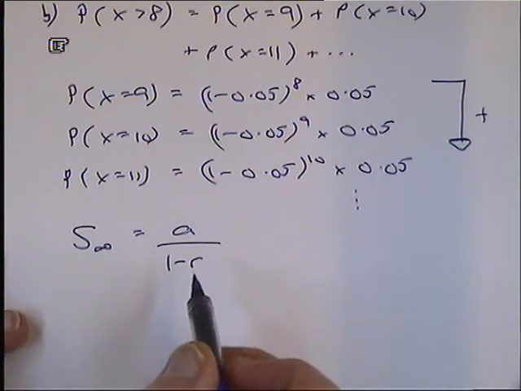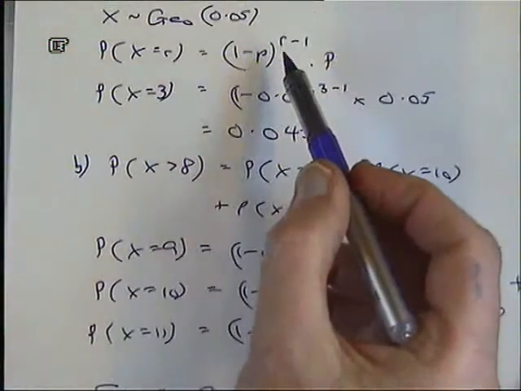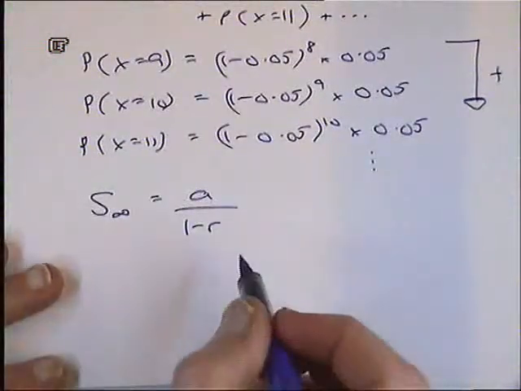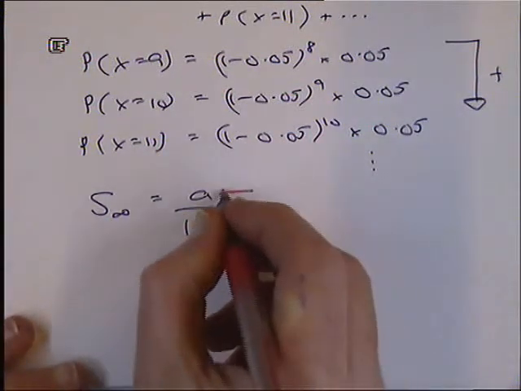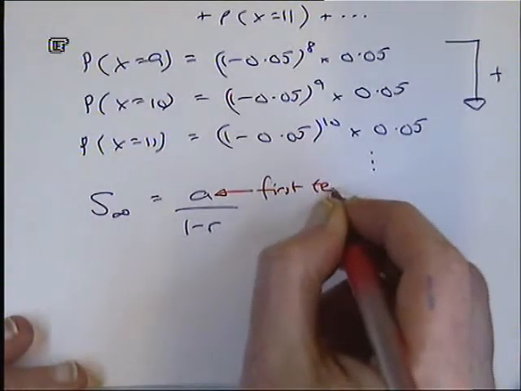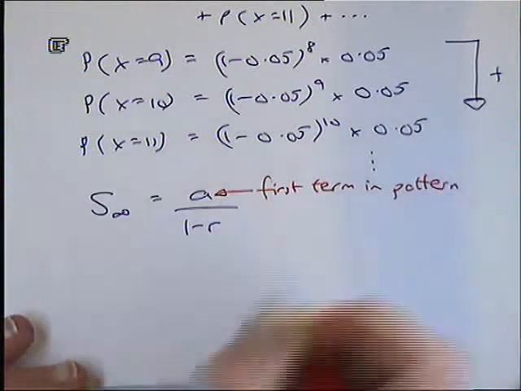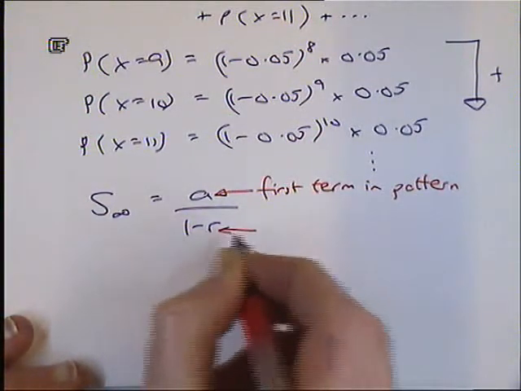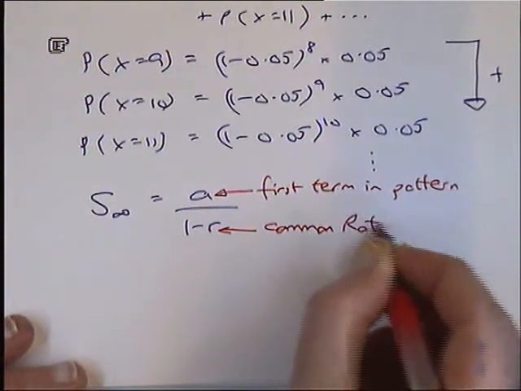This r is different to the r that we've been using, for example, up here. This is an r from the geometric adding them up formula. The a at the top is the first term in your pattern. The r stands for the common ratio.